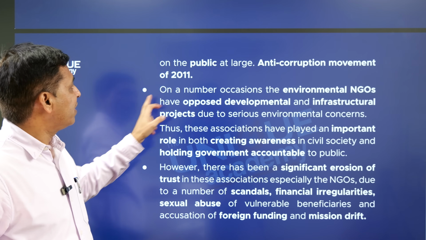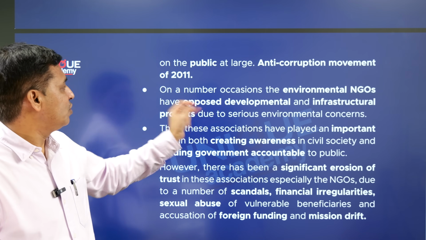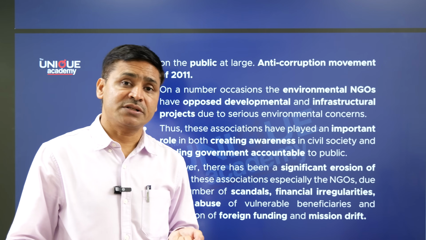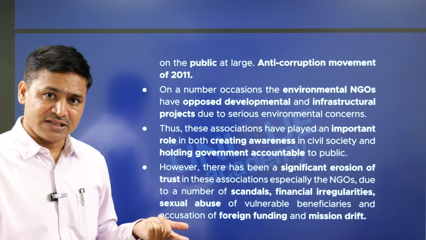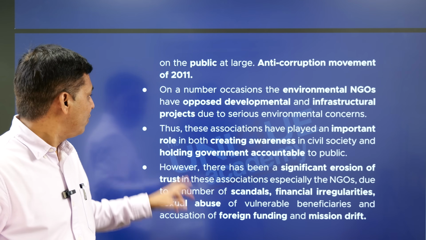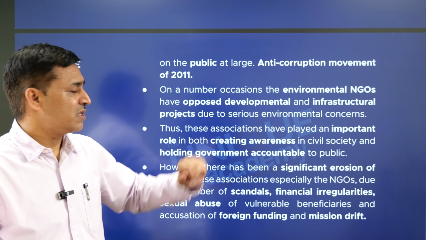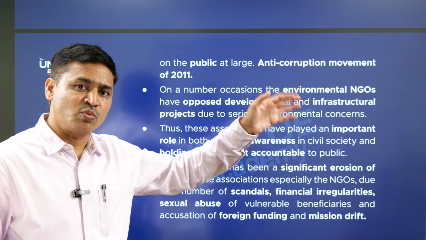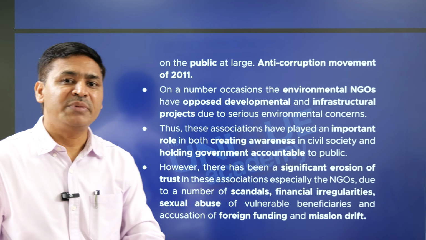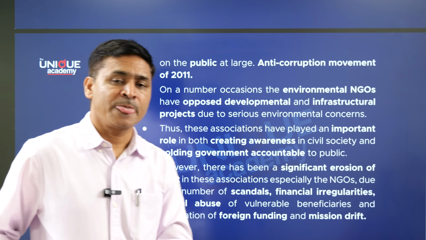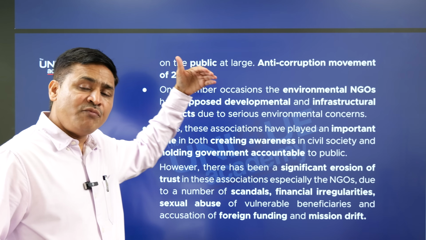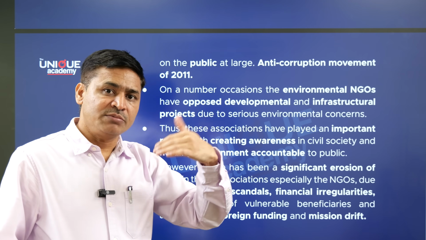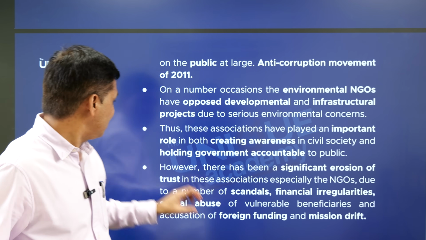Now, on a number of occasions, the environmental NGOs have opposed developmental and infrastructure projects for environmental concerns. So that is another important facet. Thus, these associations have played an important role in creating awareness in civil society on one hand and holding government accountable on the other hand. So we took up four or five important aspects of the role of the civil society and then concluded.